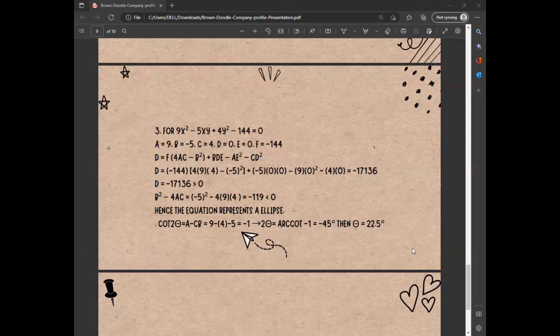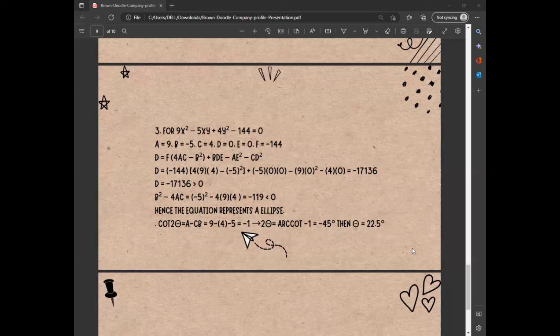Dapat yan. Mali lang pagkakalagay ko. So, sorry for that. So, b squared minus 4ac is equal to negative 5 squared minus 4 times 9 times 4 is equal to negative 119, which is less than 0. So, ang nare-represent nitong equation or problem na to is an ellipse.